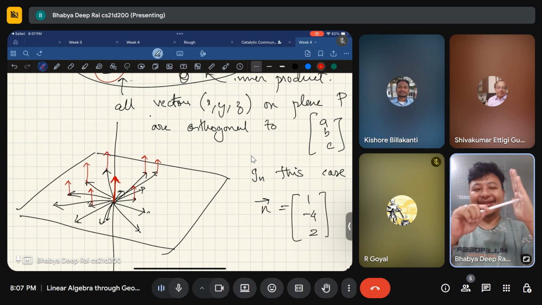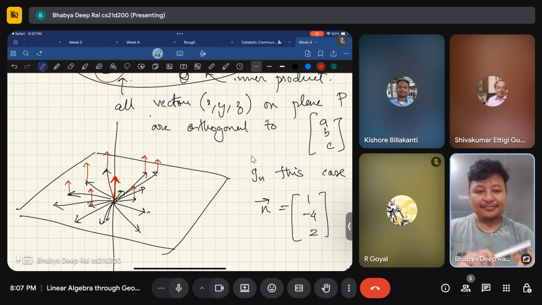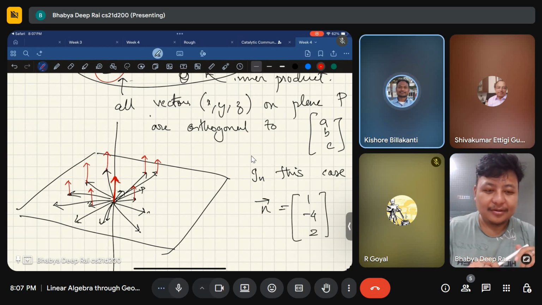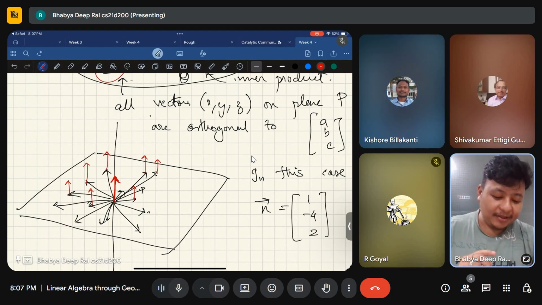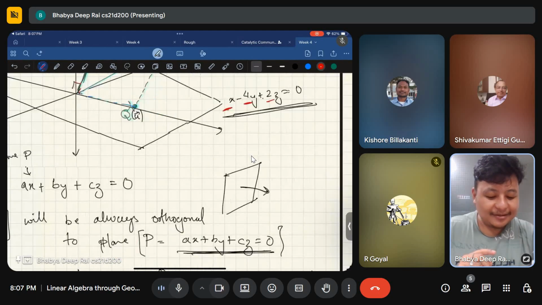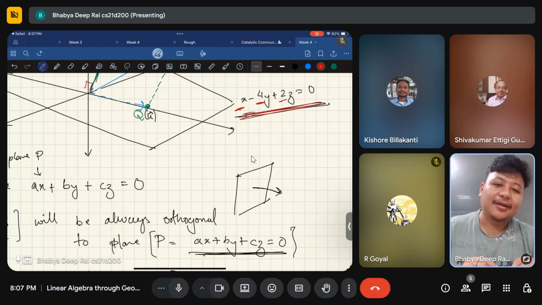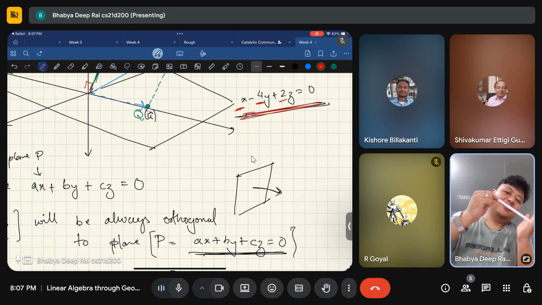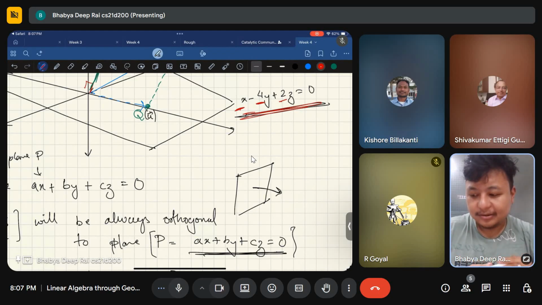Now it is in between. If the vectors are in xy, then the normal would be on z. If the vectors are on xz, it will be on y. But if it is like this, it is a combination of x, y, z, then even that normal will be a combination of x, y, z.